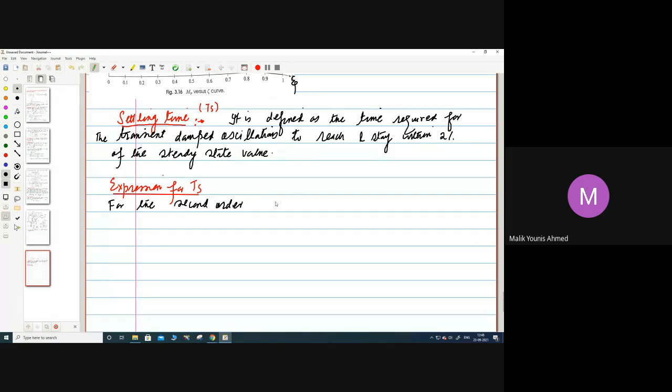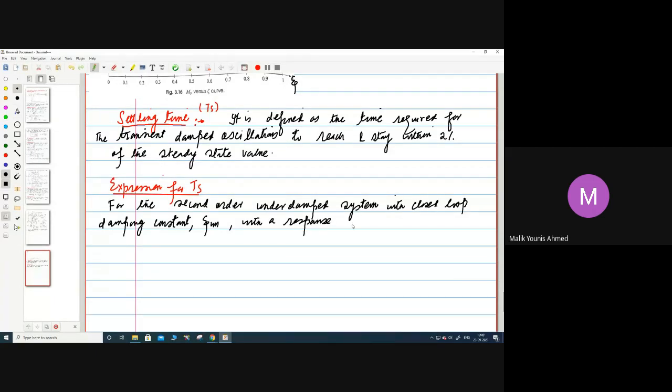For a second order underdamped system with closed loop damping constant, that means it's having a damping constant, xi omega n, with a response described by this.